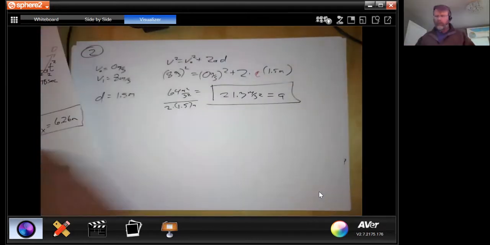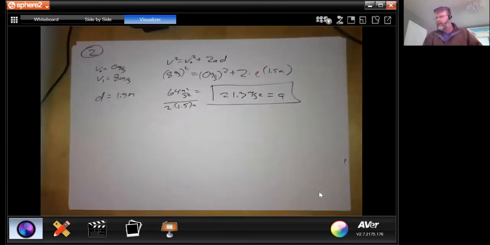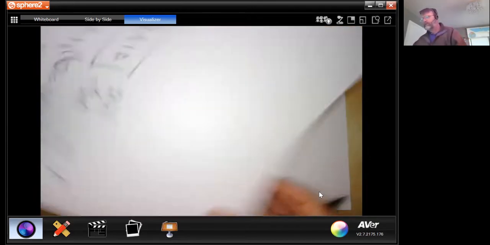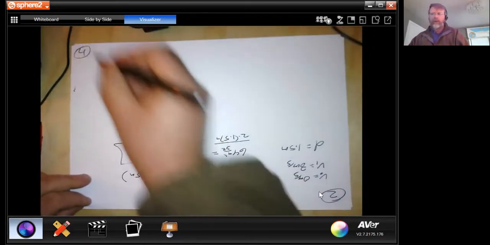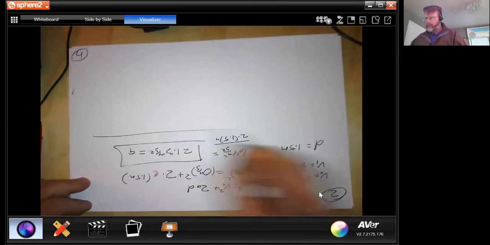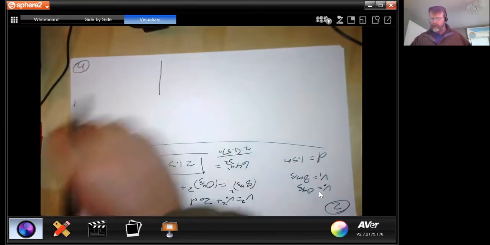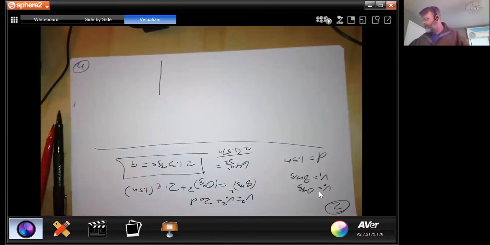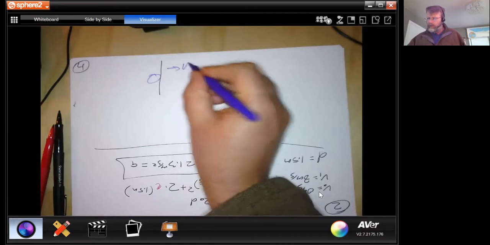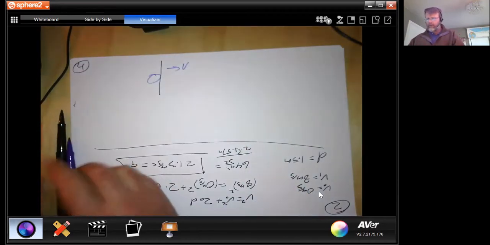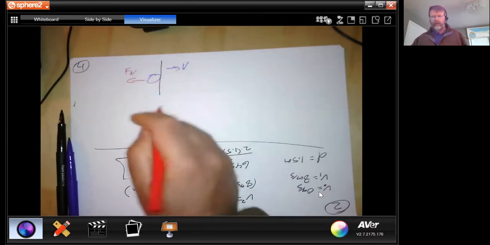Number 4. Number 4 is a nice, simple one, so I'm going to keep things moving along. What we see is a very simple diagram. We have our bowling ball. It is moving in this direction, but the force from the wall is pushing out.